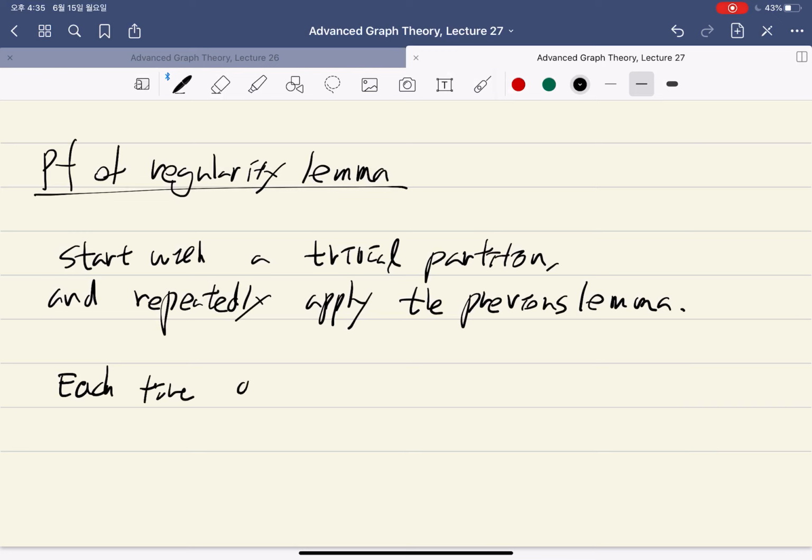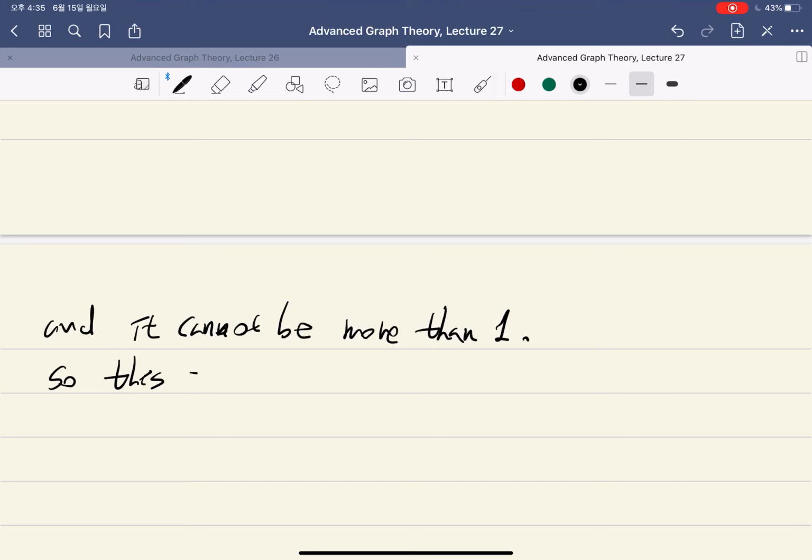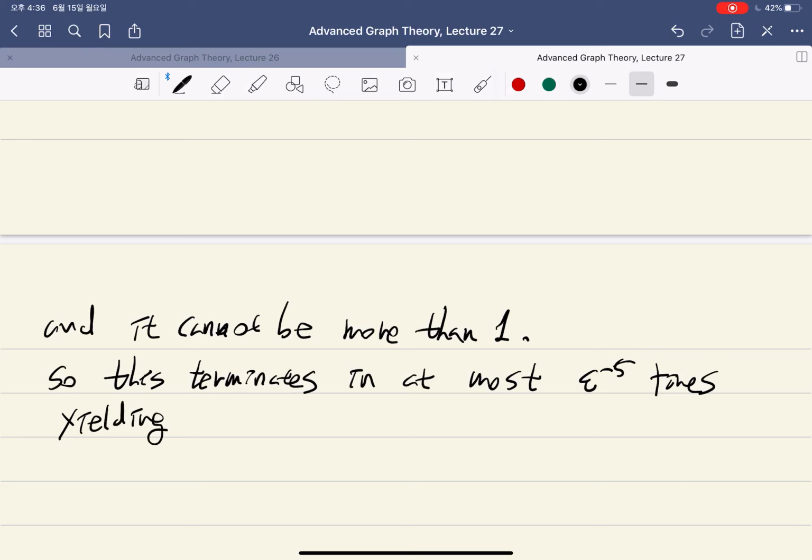Each time the energy increases by at least epsilon to the 5, and it cannot be more than 1. So this terminates in at most epsilon to the negative 5 times, and it yields an epsilon regular partition.